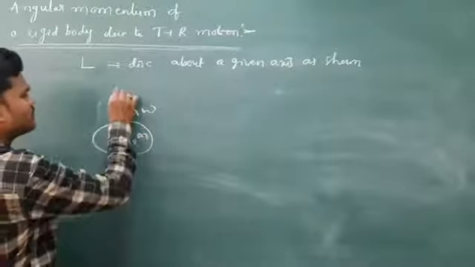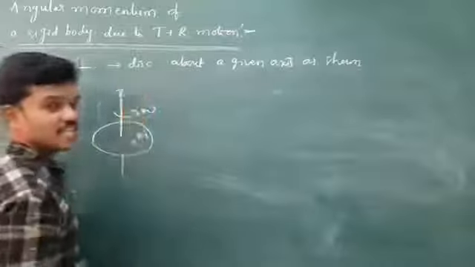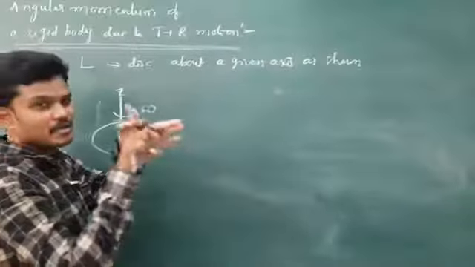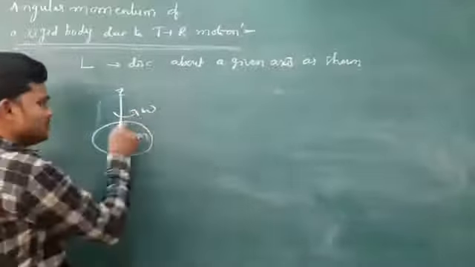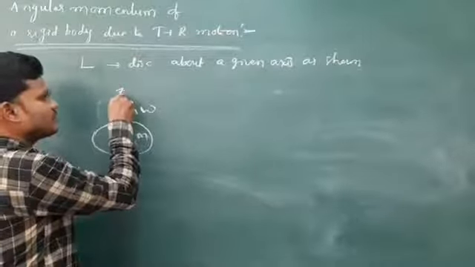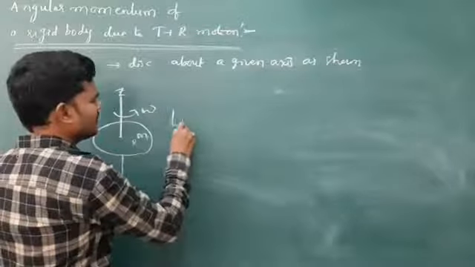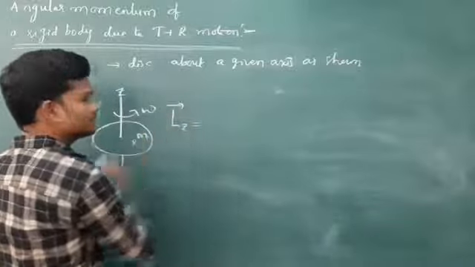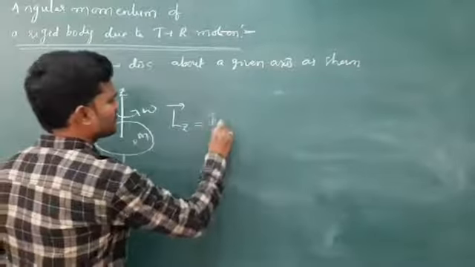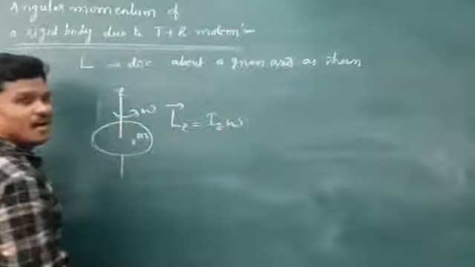Now I want to find angular momentum about this axis. Let us suppose this is the z axis passing through the center perpendicular to the plane of the disc. So if they ask you to find it about this, directly we can write L about z as moment of inertia about z times omega.